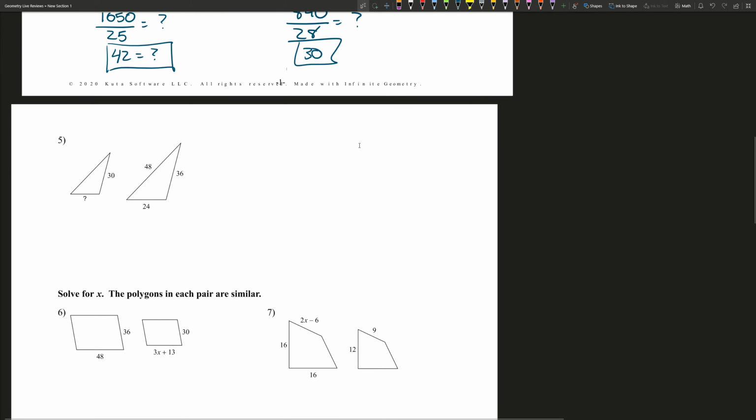Number 5, again, same thing. This 30 side corresponds to this 36, and then this question mark corresponds to 24.